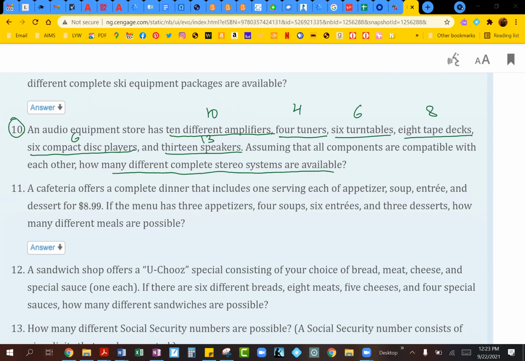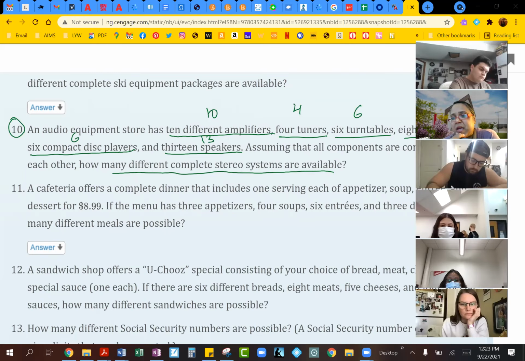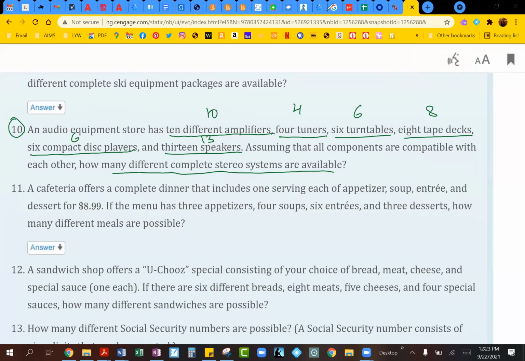So what do you think? How many different combinations do we have here? So like we normally do, just have your answer ready, and then you will send it to me in chat.